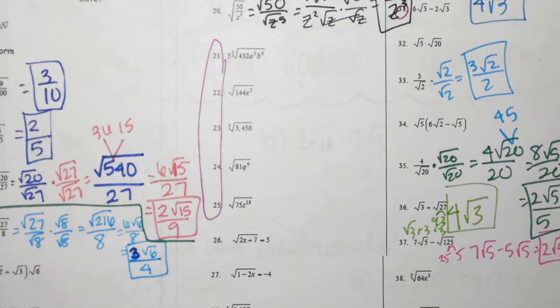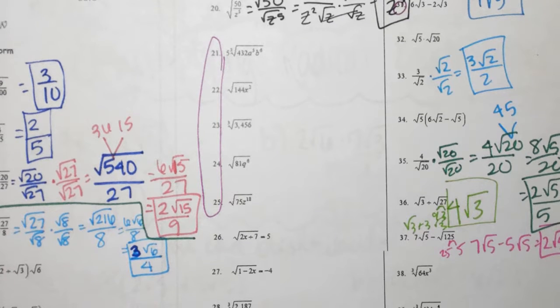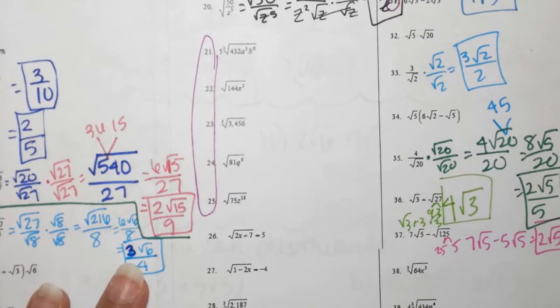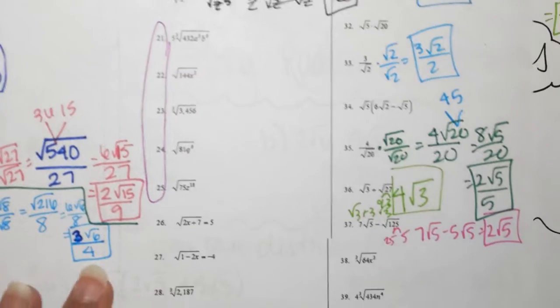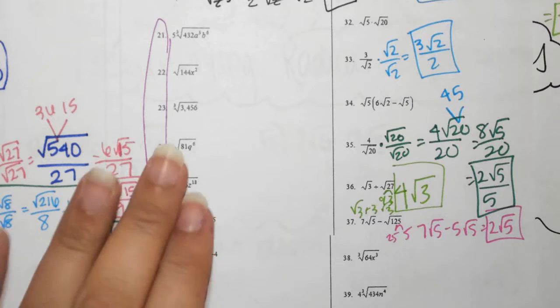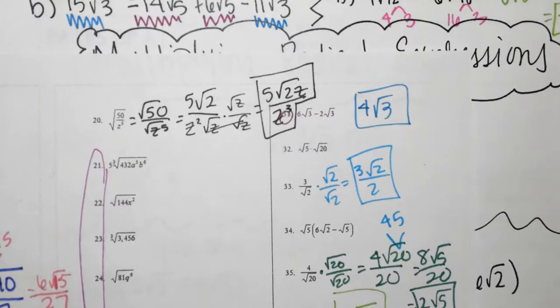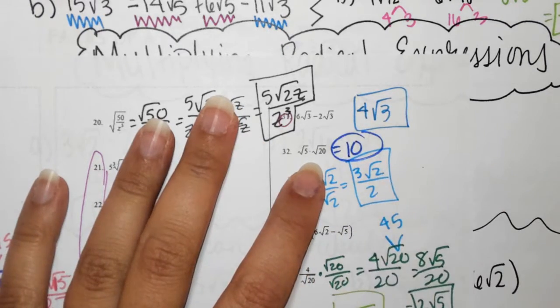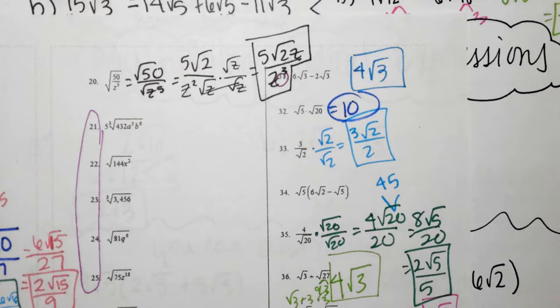For 32, did you guys get 10? Because 5 times 20 is 100 and the square root of 100 is 10?